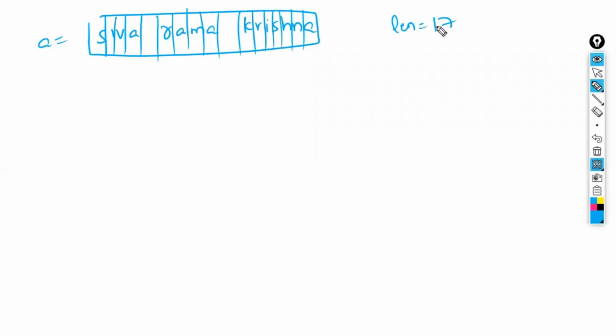Now if I want to print Shiva, there is a fixed pattern, so it will print. If I want only Rama, it is printing. But if I want Shiva, then Krishna, and after that Rama, printing in this way is not possible using the slicing operation.